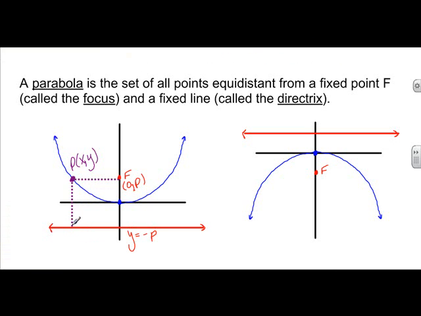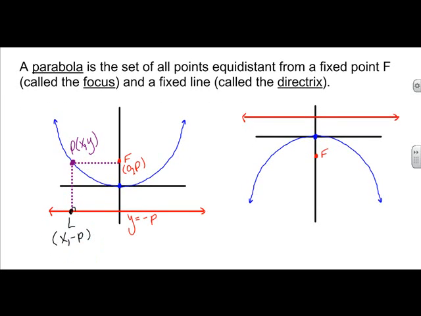That perpendicular is going to intersect the line y equals negative p at some point L. The coordinates of L would be x, negative p, and then according to the definition of a parabola, the distance from P to F has to exactly equal the distance from P to L. So we would put absolute value around that so we don't have to worry about what direction the distance is measured in: the absolute value of PF has to equal the absolute value of PL.